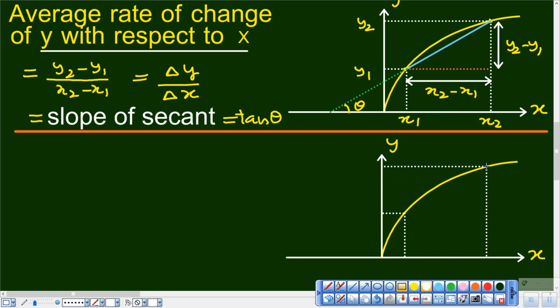And if I draw a horizontal line over here, this would be the run, which can now be written as delta x, and this can be written as delta y.